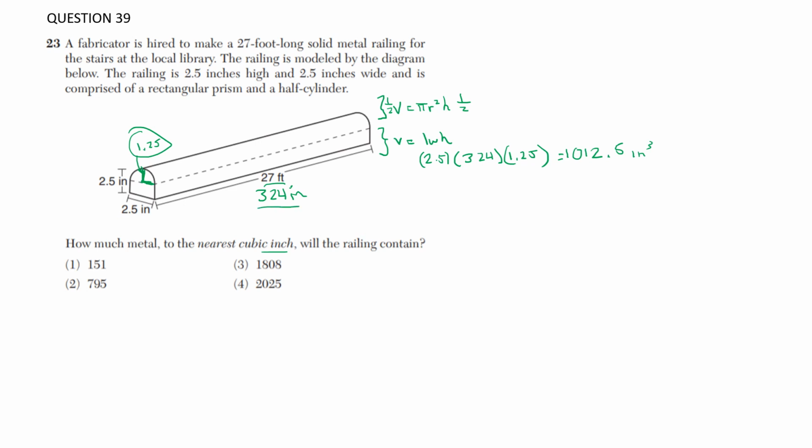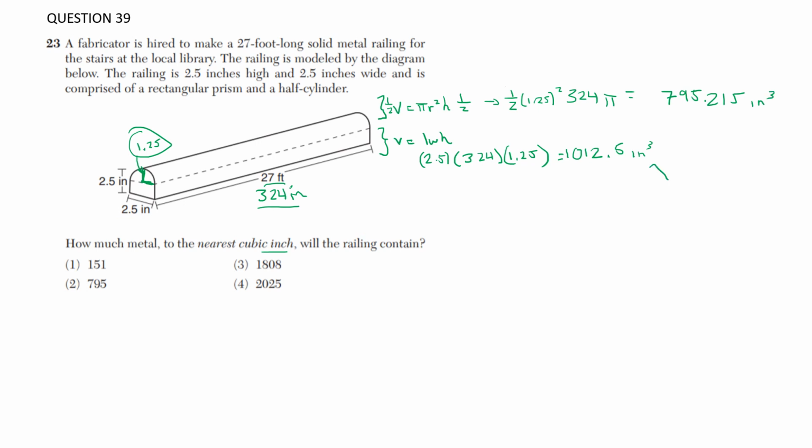So let's plug that in: 1/2 times pi, I apologize, we had to put a pi in here, times r squared, 1.25 squared, times h, 324. We get 795.215, in cubic inches as well.